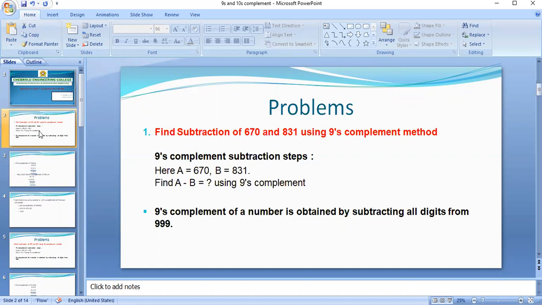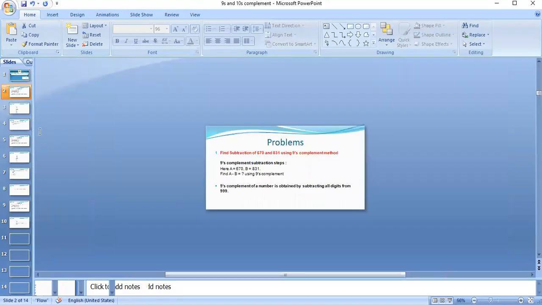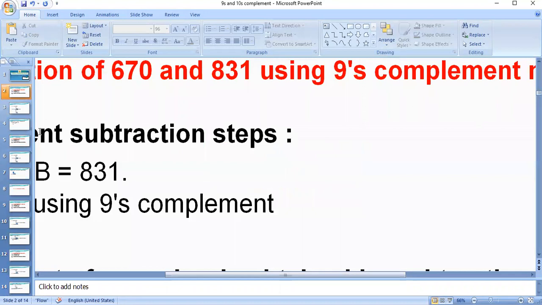For decimal numbers, the base or radix is 10. So r's complement is equal to tens complement, and r minus 1's complement is equal to nines complement. Okay, so in a similar way, I'm going to explain the nines complement method.